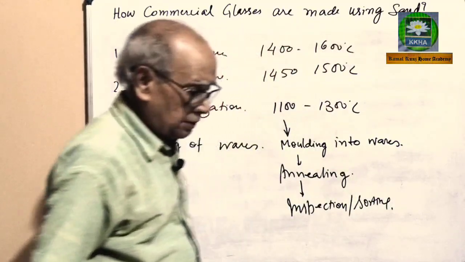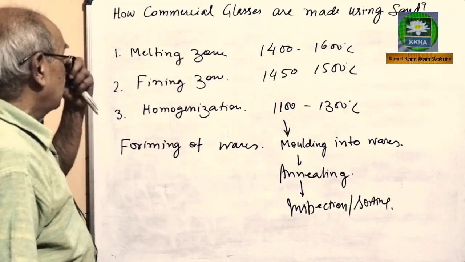Rejected pieces are again used as cullet.